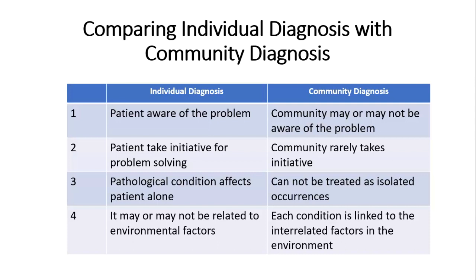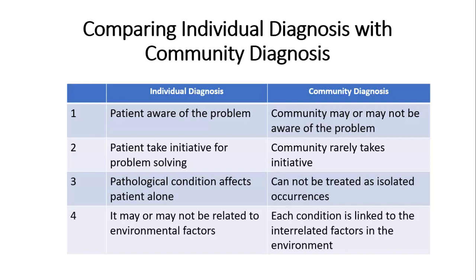So for individual diagnosis, pathological conditions affect the patient alone, whereas in community diagnosis, these cannot be treated in isolation. If we are trying to treat a community at large, we cannot treat them as isolated cases or isolated occurrences. So we have to do something at a mass level to take care of that community health problem.